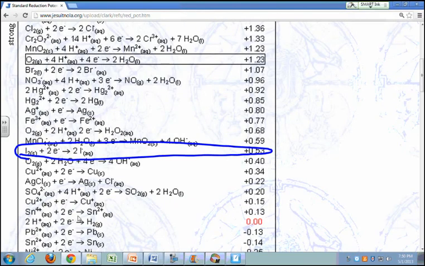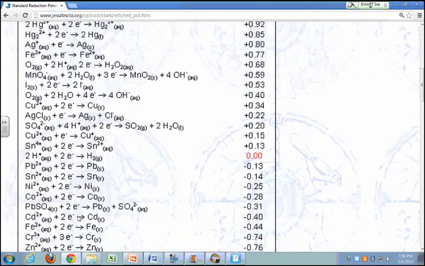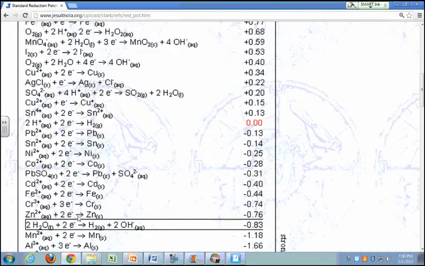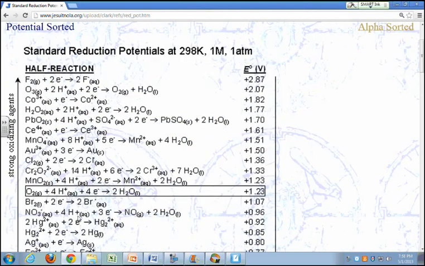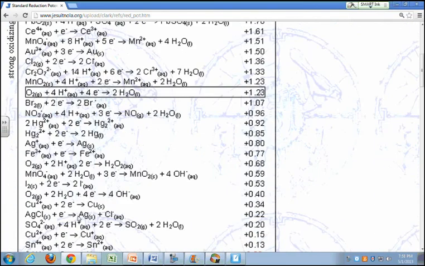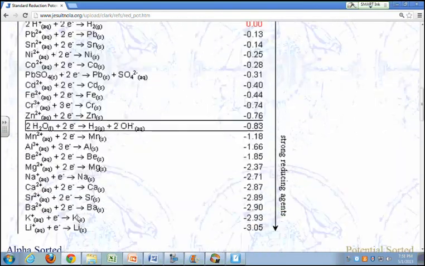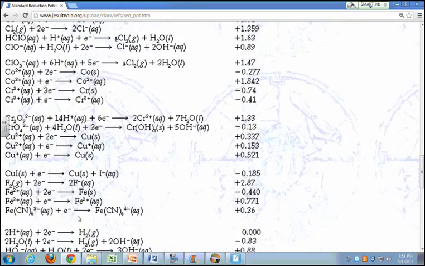let's see, where would that be? Iron, look at the alphabetical listing here.